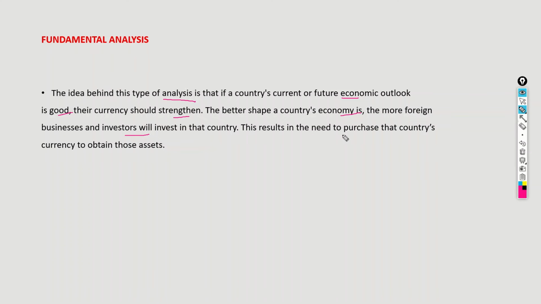This results in the need to purchase the country's currency to obtain those assets. So fundamental analysis is simply all about how the economy of a given country is doing and how it will affect that country's currency. Okay, so that is fundamental analysis.